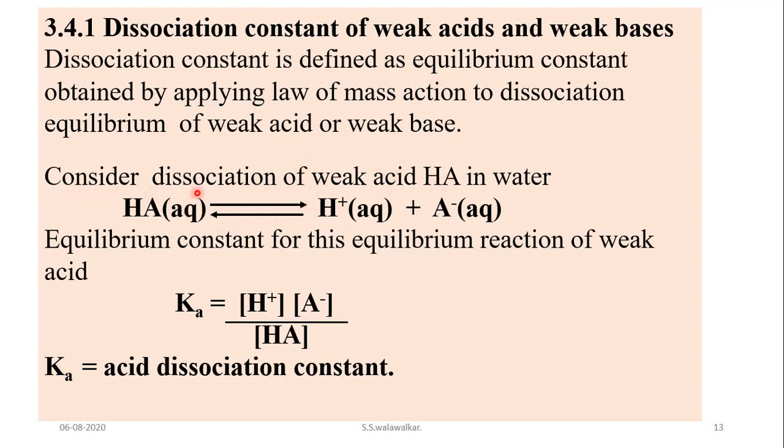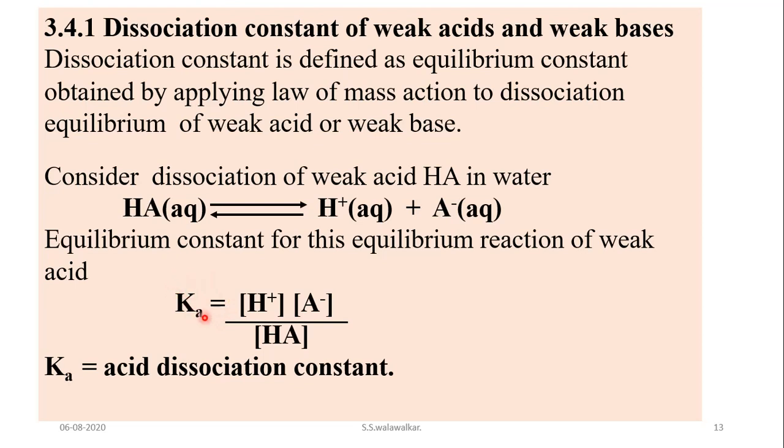Now consider the dissociation of a weak acid, HA. Generally a weak acid is represented by HA. When HA is dissolved in water, in aqueous medium it gives you H+ ions and A- ions. If you apply the law of mass action to this equilibrium reaction, you will get the equilibrium constant, Ka.